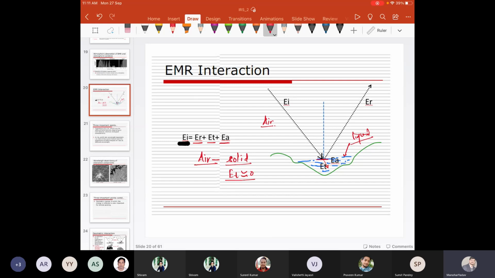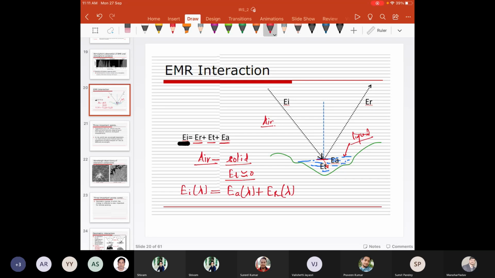So we have only two components, reflected component and absorbed component. And these are functions of wavelength. It is equal to E absorbed plus E reflected.